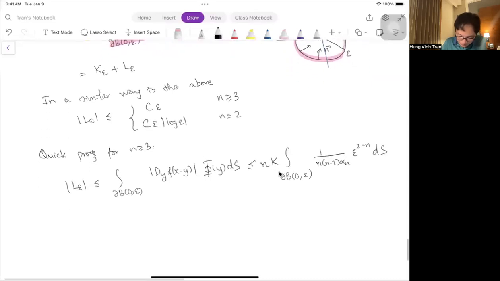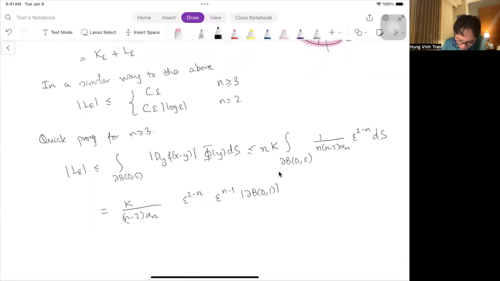Okay, so you can see it's the same thing. This equals k over n minus 2 times alpha n, epsilon to the power 2 minus n, times the surface area of this sphere, which is epsilon to the power n minus 1 times the surface area of the unit sphere.